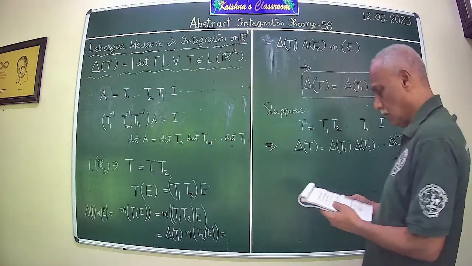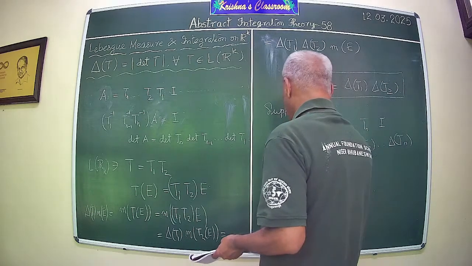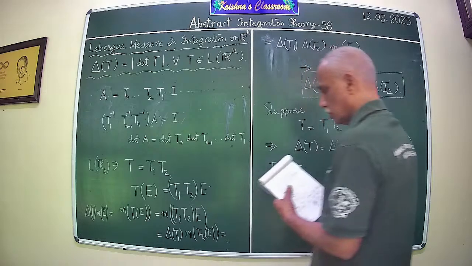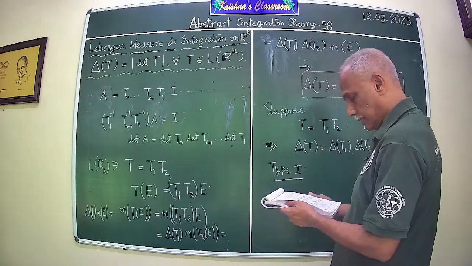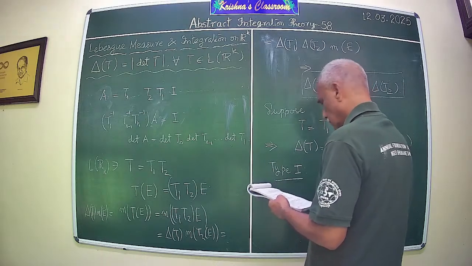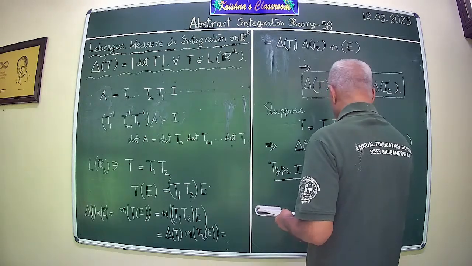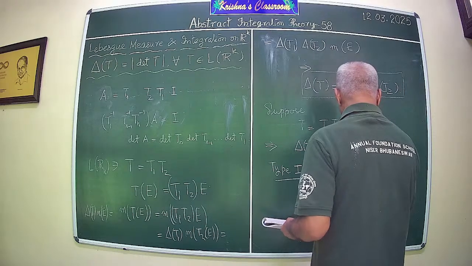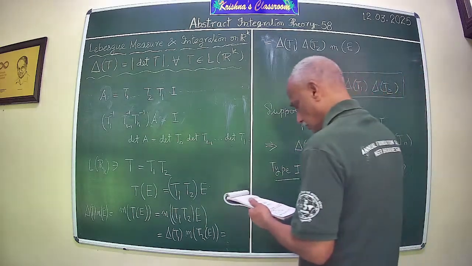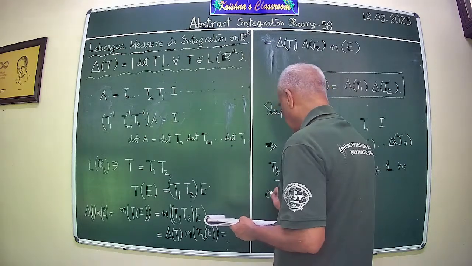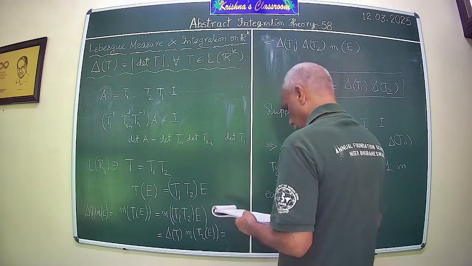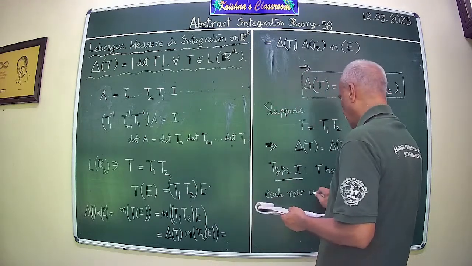Okay. So for type 1, what about type 1? T has exactly 1 in each row and each column.